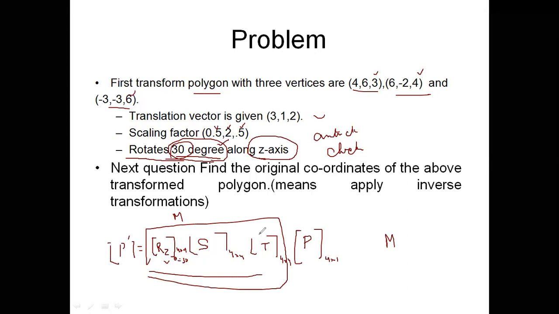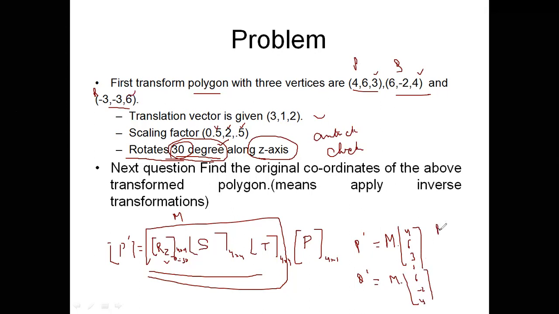That is three-dimensional. m will be multiplied by the point 4, 6, 3, 1. Let's say this is p, this is q, this is r. So p dash will be calculated with this resultant matrix, then q dash will be calculated, with m multiplied by 6, minus 2, 4.